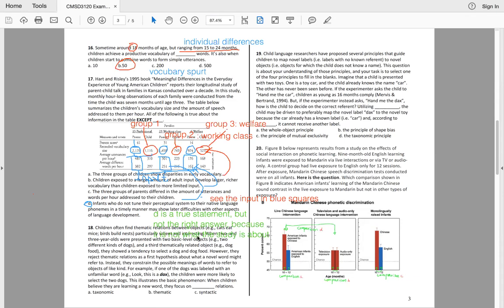Particularly salient and interesting when 2 and 3-year-olds were presented with two basic level objects, for example, two different kinds of dogs, and a third thematically related object, dog food, or for example, bones. They showed a tendency to select a dog and a dog food. That's to say, they showed a tendency to rely on the thematic relations.